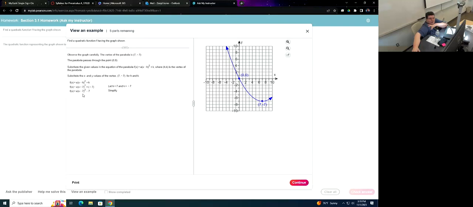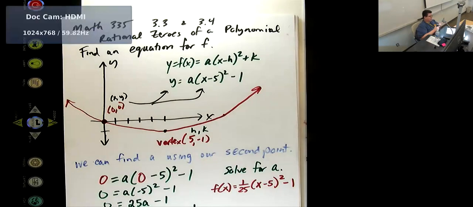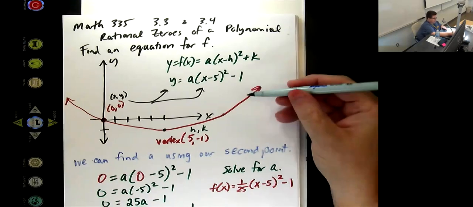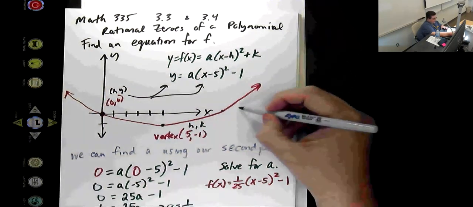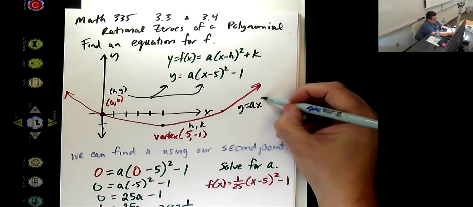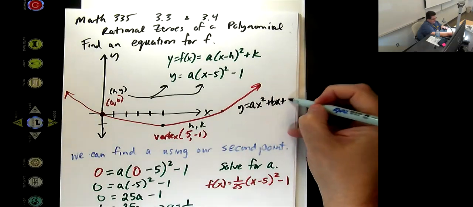Is that a formula we should remember for sure? Oh yeah, we did cover this in section 3.1. That's the same chapter where we had y equals ax squared plus bx plus c.